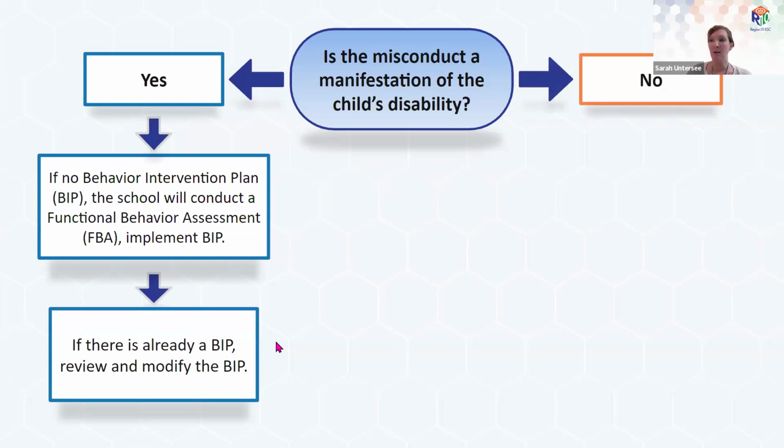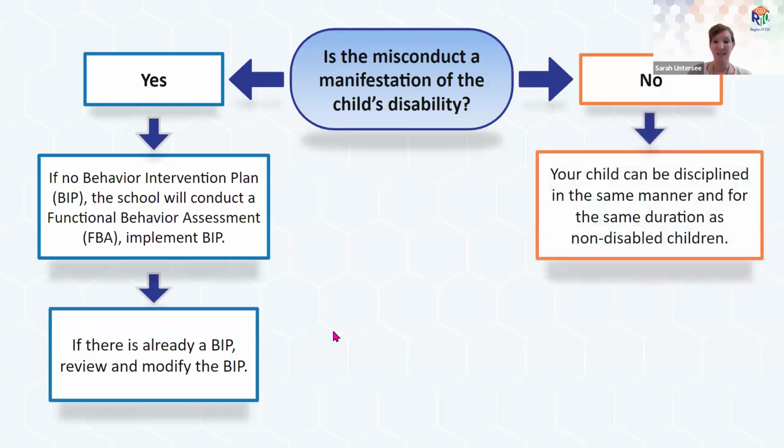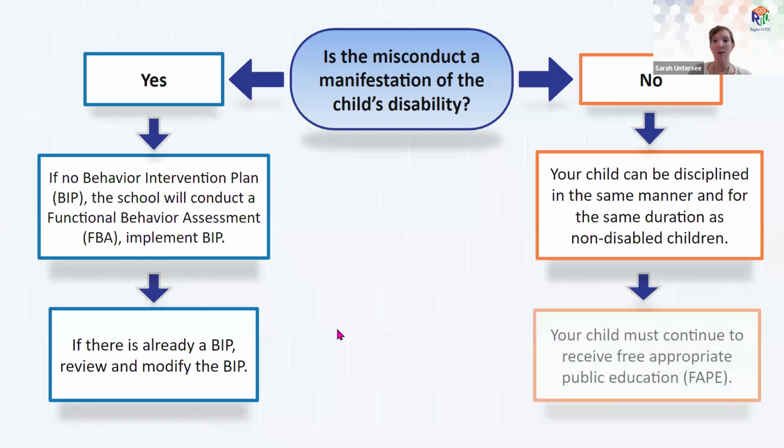If the MDR ARD committee determines that the misconduct is not a manifestation of the child's disability, then your child can be disciplined in the same manner and for the same duration as non-disabled children. Your child must continue to receive free appropriate public education.